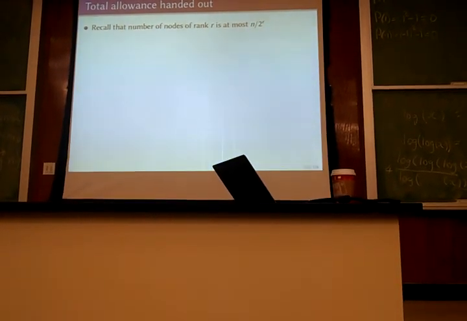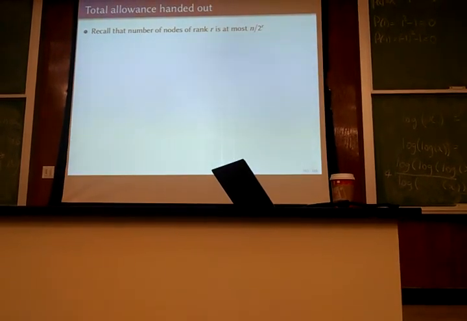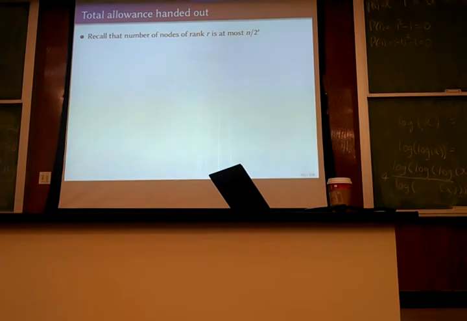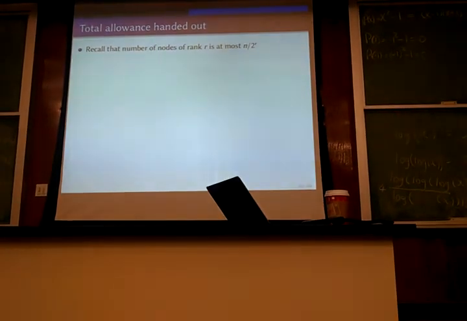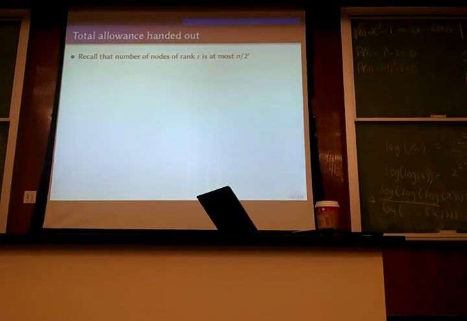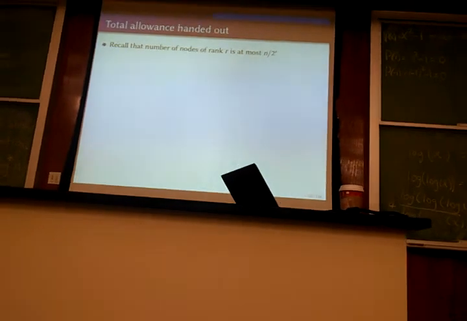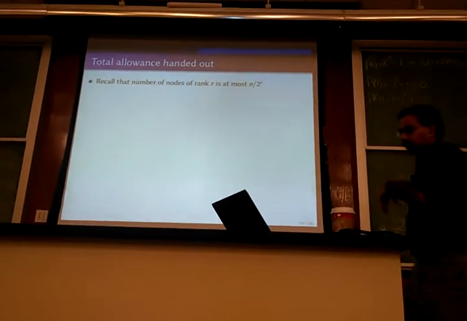If you have several such nodes, their number is limited by the number of leaves, which is n. So how many nodes at height r can there be? n divided by 2 to the power r, because each of those height r nodes has 2 to the power r nodes below them.